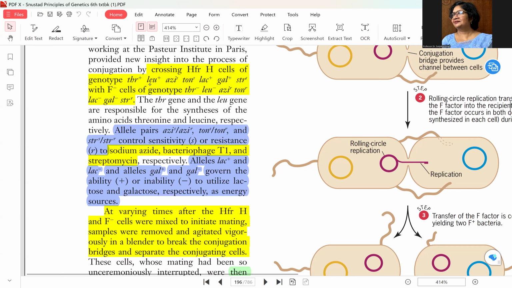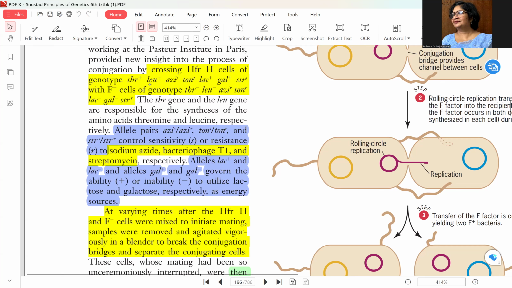This will allow us to remove all possible donor cells and study only recipient cells. And this is what we want, because we want to see which gene has been transferred into the recipient cell. And so we want only recipient cells to be present in the bacterial culture.